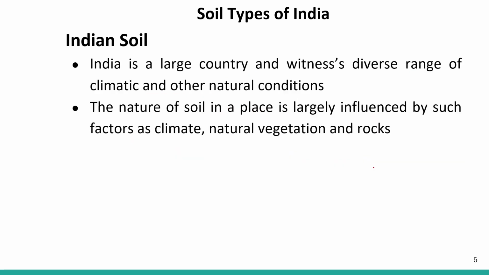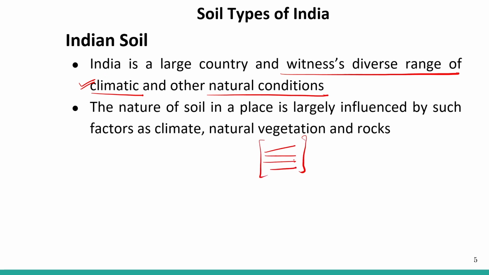India is a large country and witnesses a diverse range of climate and other natural conditions. We have differences in topography: mountains, hills, plains and plateaus. Different landforms mean different types of soil. We also have different climates that affect the soil and change its structure.